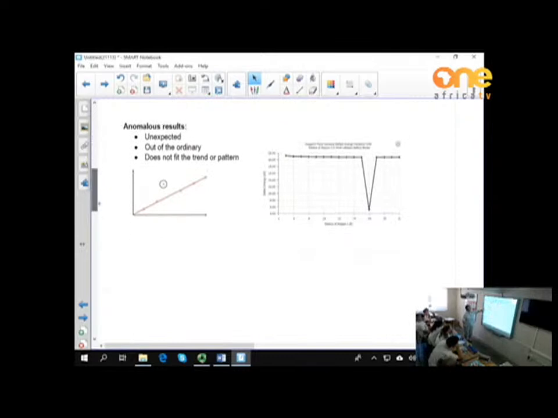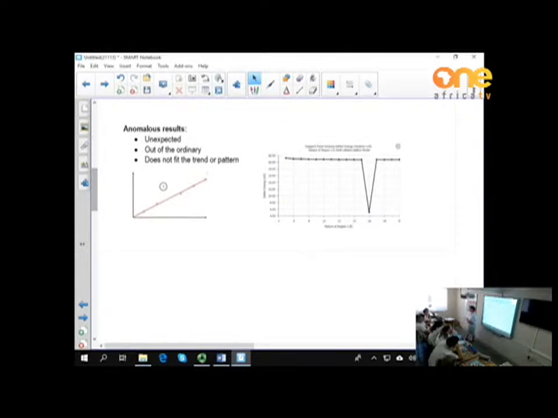Then we get something called an anomalous result. If you take a set of readings and you set it up in a table, and from the table you must draw a graph, and you find that as you plotted your points on the graph, there was one point that didn't fit the pattern, are you going to adjust your graph like that?